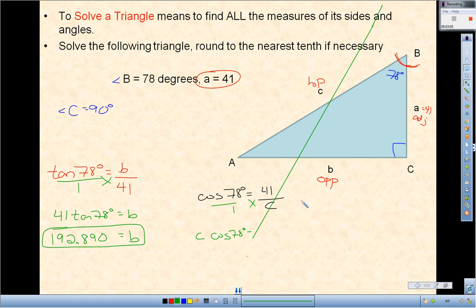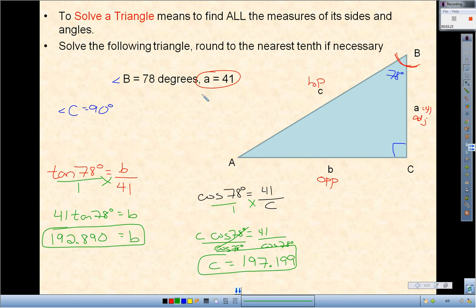And then to solve this for C, I'm going to divide by cosine of 78 degrees. If I punch this into the calculator, it would give me approximately 197.199.